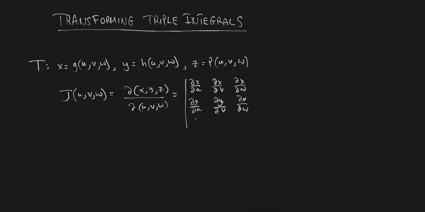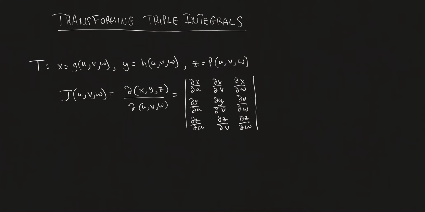And finally, the third row: the partial derivative of z with respect to u goes first. We have to keep that standard order. So u, v, and then the partial derivative of z with respect to w.